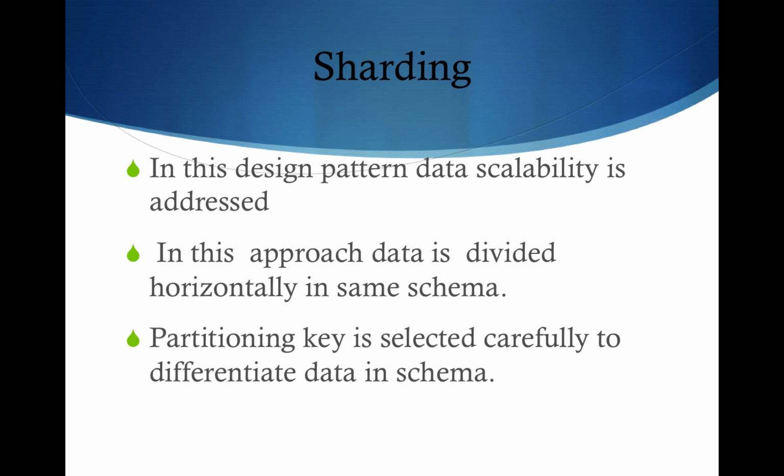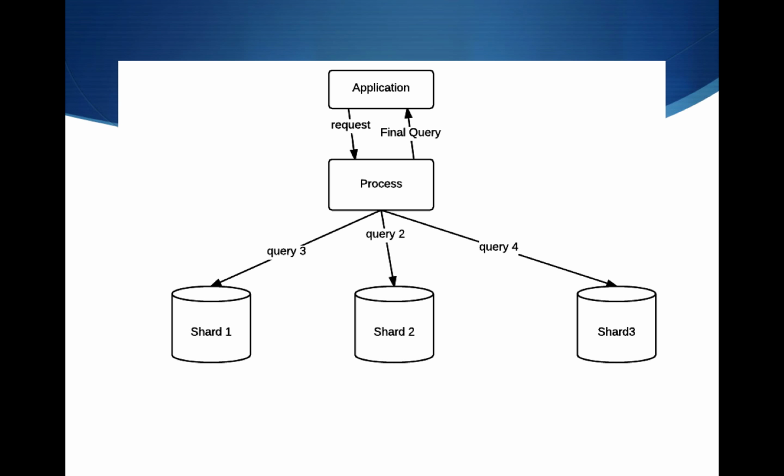Sharding is a design pattern beneficial for data scalability. In this approach there is a schema, and that schema is replicated across multiple data centers, and whenever there is a long list of data, you can retrieve all the data from the different instances of the databases. Let's look at one model.